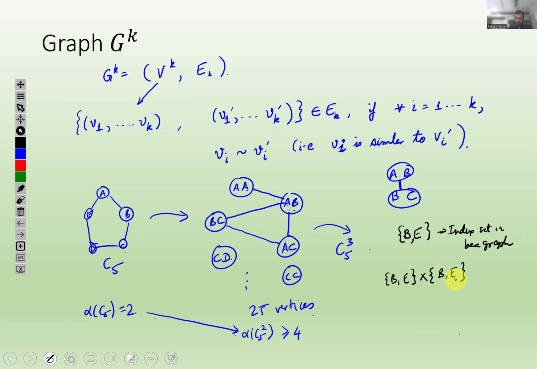I claim that this is an independent set in the squared graph. Why? Because what will I end up with? I'll end up with these 4, and you'll find that no 2 of these have an edge between them, okay, in the squared graph.